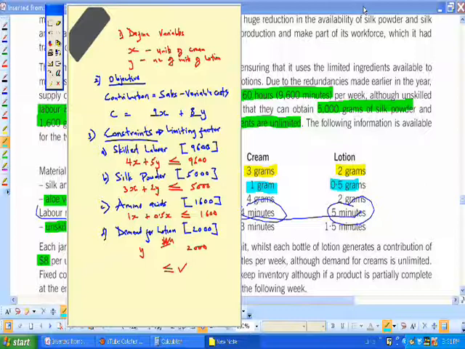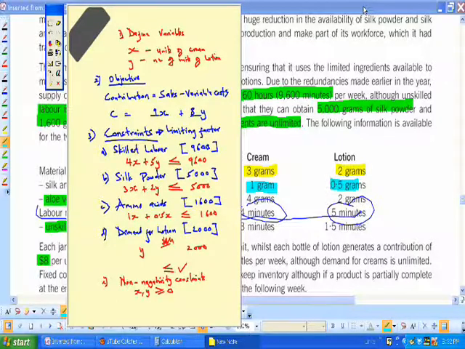In most of these questions, there's also a final set of inequalities, which is called the non-negativity constraints. Meaning that x and y should both be greater than or equal to 0.